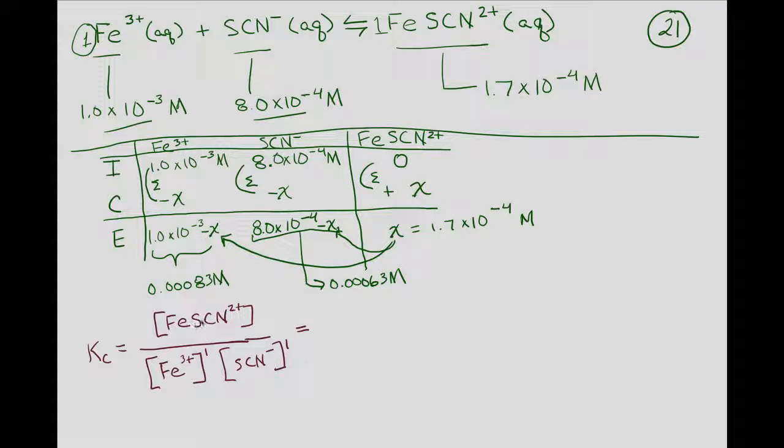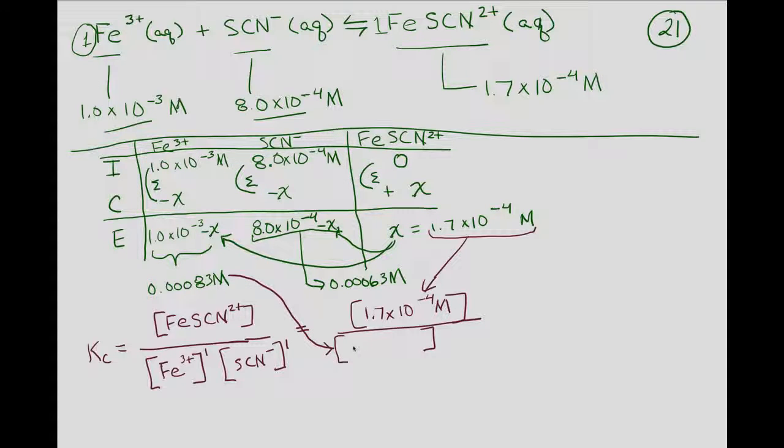And then we just plug in these values. For FeSCN, we use this value here. So it's 1.7 times 10 to the minus 4 molar over Fe3 plus. So we write Fe3 plus, and that's this value right there, 0.00083 molar, and we multiply it times the concentration of that guy.